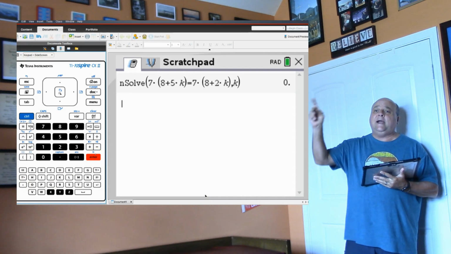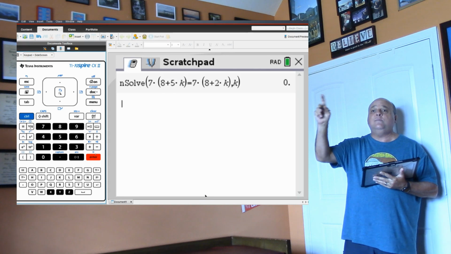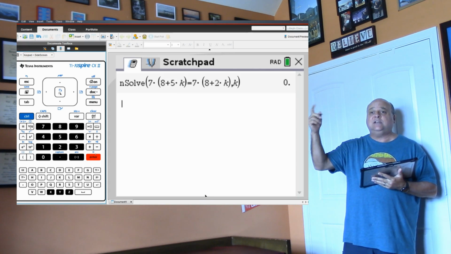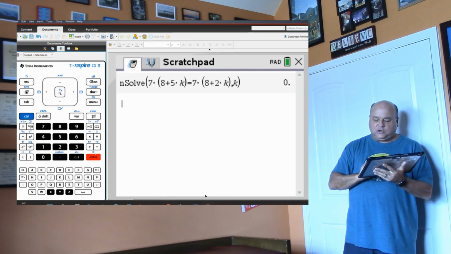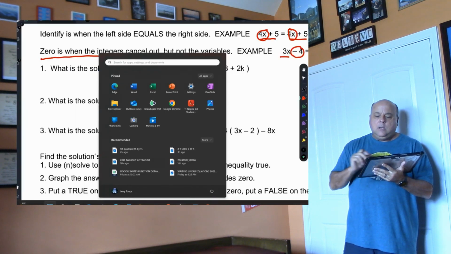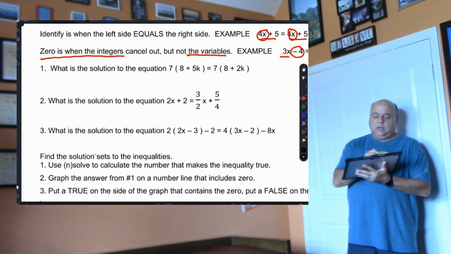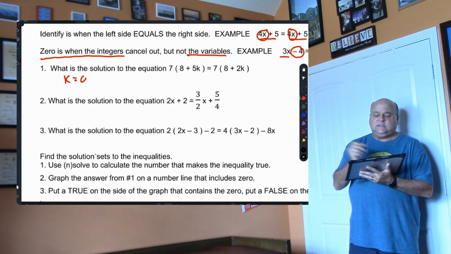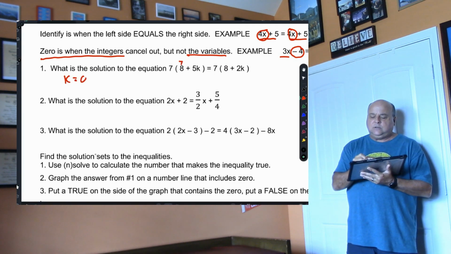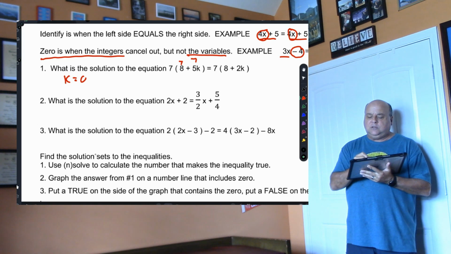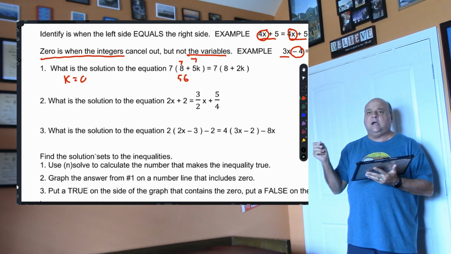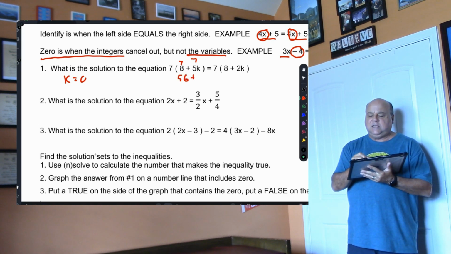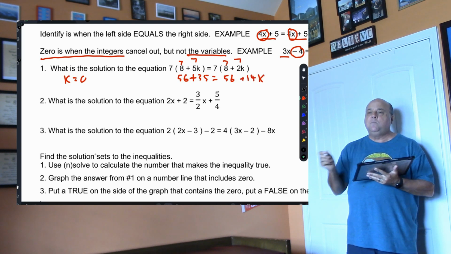So if it's 0, we have to go back and see if the variables are the same. We have to actually do some arithmetic here. So let's go back to our paper. And remember, it could be 0. Now let's distribute. 7 times 8 is 56, plus 7 times 5 is 35k, equals 7 times 8 is 56, and then 7 times 2 is 14k.